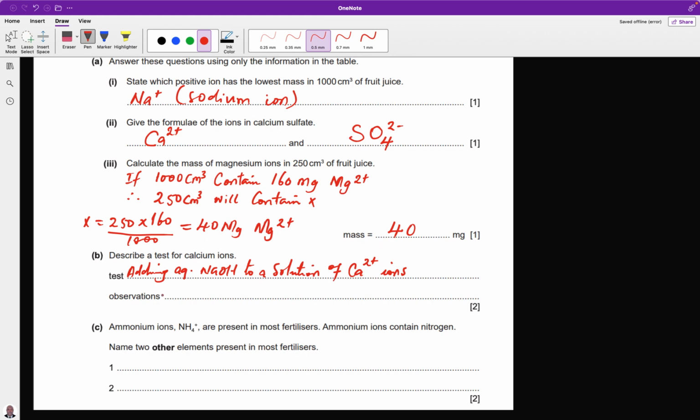The observation will be that white precipitate is formed and does not dissolve in excess.